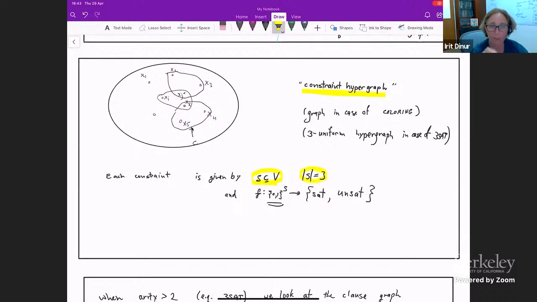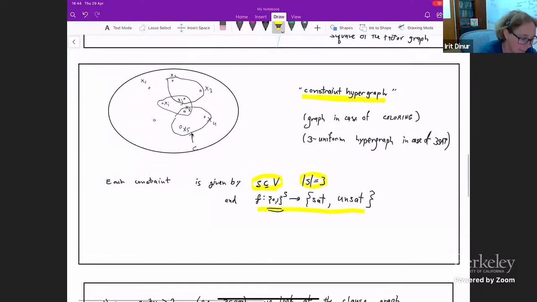And together with this set, you associate a little constraint function, which tells me which of the local assignments on this set alone are valid and which are invalid. So which ones I call satisfying and which ones I call unsatisfying. So this graph, together with these little functions, is exactly just a different way to formulate a CSP.